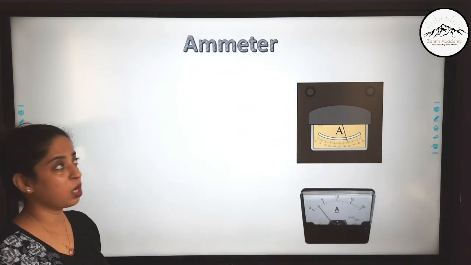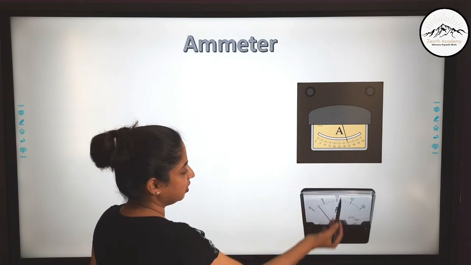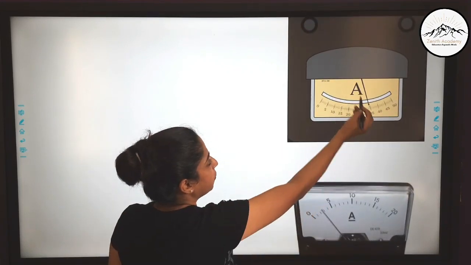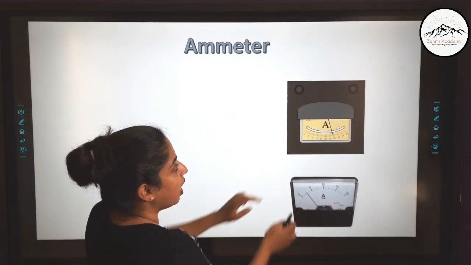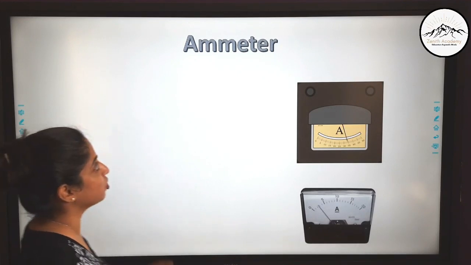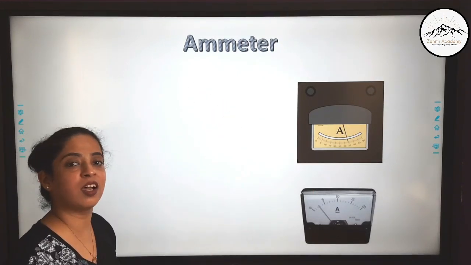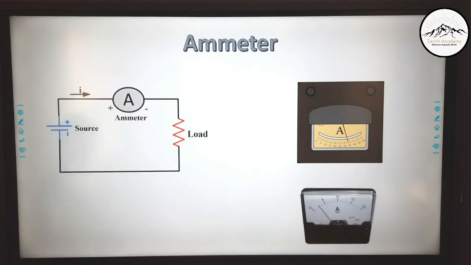Moving on to our next component, that is the ammeter. Here you can see these are two pictures of an ammeter, and you can see the reading is in amperes. We know that current is measured in amperes. So an ammeter is an instrument which measures the current that is flowing in a circuit. Here you can see a circuit.